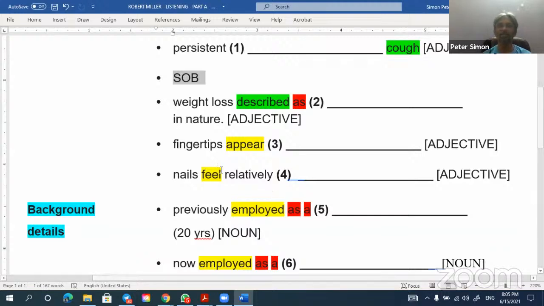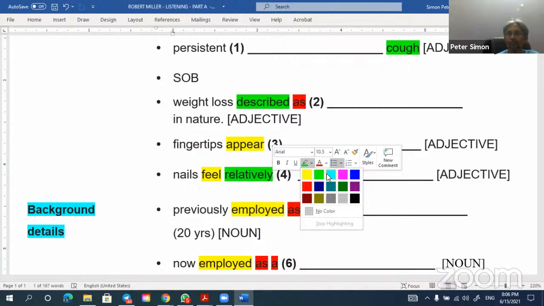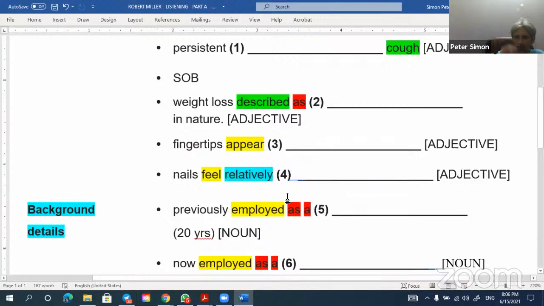Now this is relatively. Relatively is an adverb. After an adverb, you will get a verb or an adjective or another adverb. Relatively, ly words, all are adverbs. So the next word is an adjective.